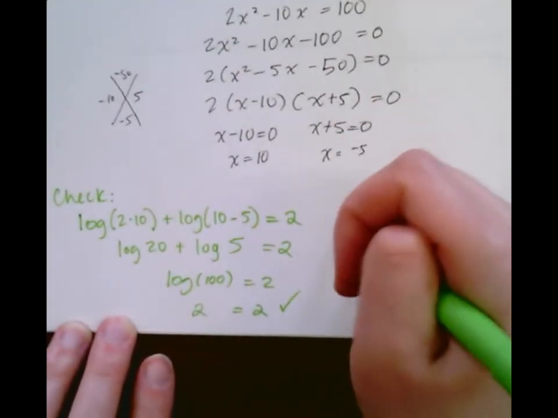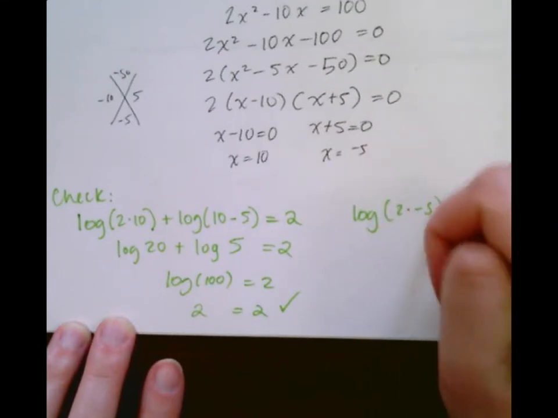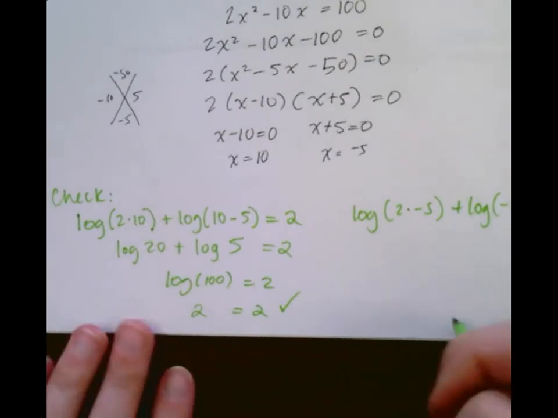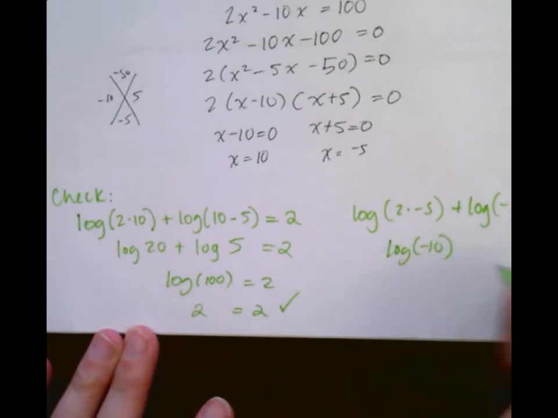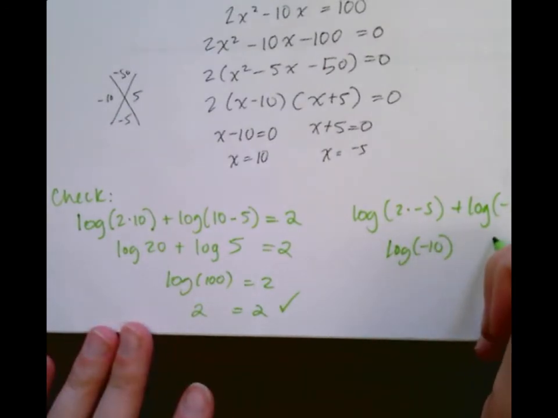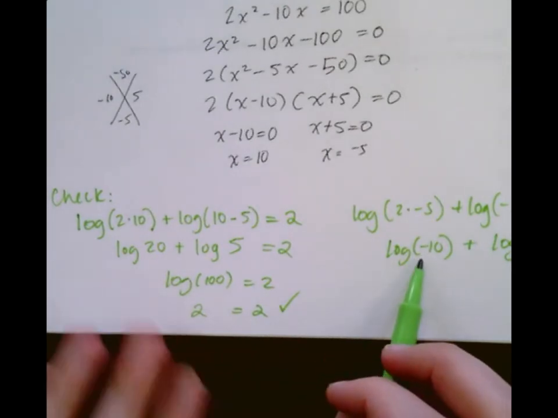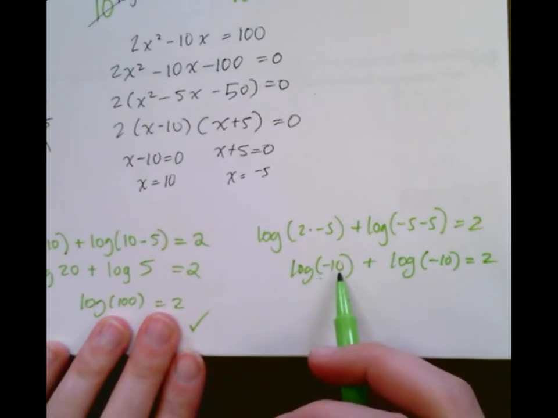For the second one, if I plug in negative 5, I get log of 2 times negative 5 plus log of negative 5 minus 5 is equal to 2. And now I can tell I'm going to run into a problem because I'm getting negative values here. The idea here would be, 10 to what power is negative 10?